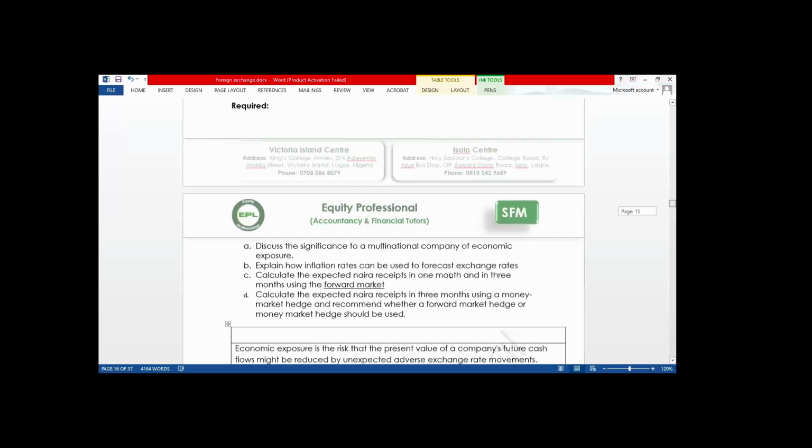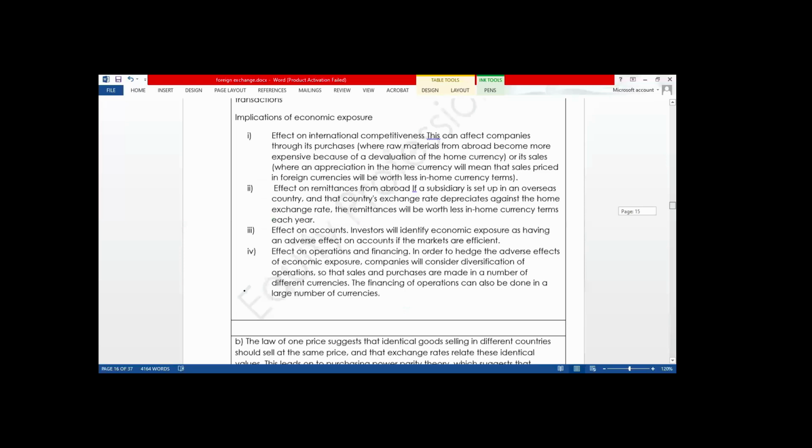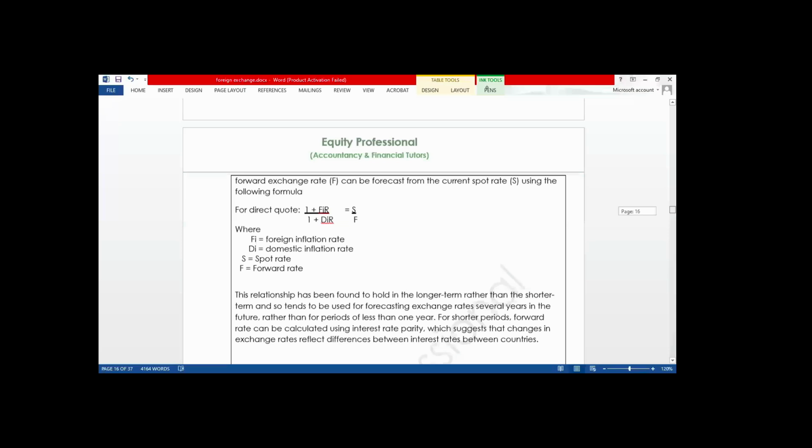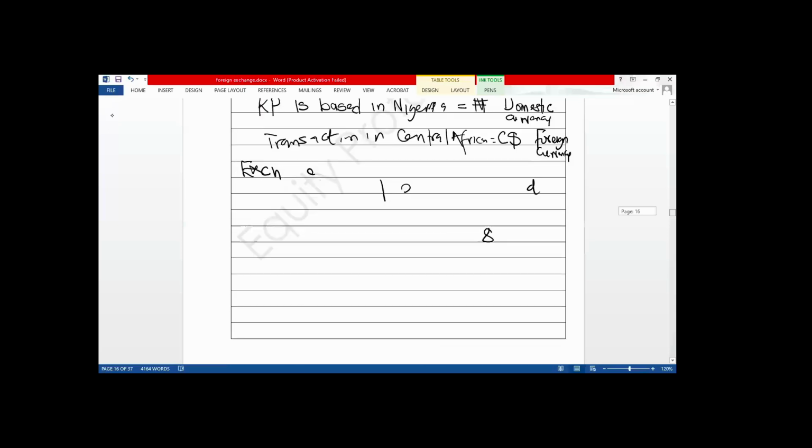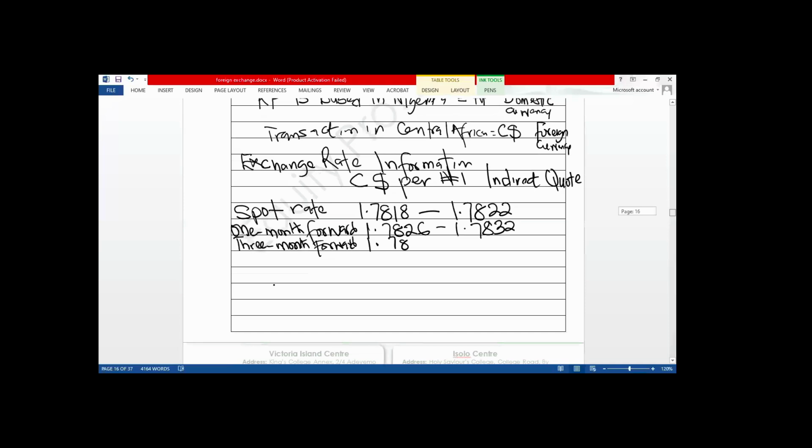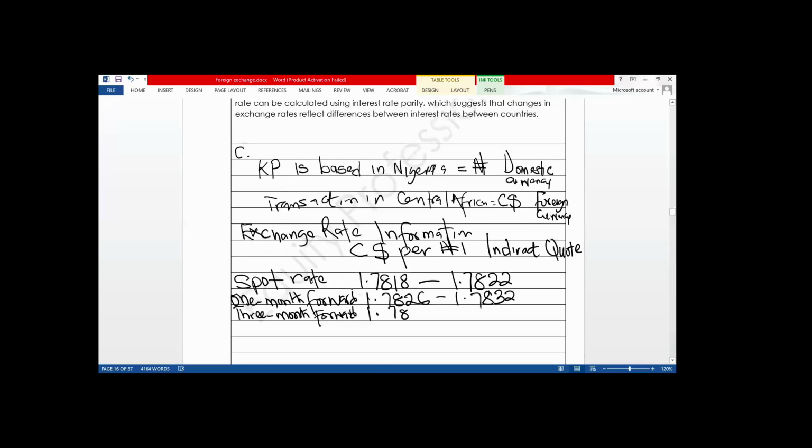We have 1 month transaction. 1 month expected receipts. Under 1 month, we have expected receipts. What is the value, please? Hello, guys. That is 4 million central dollars.